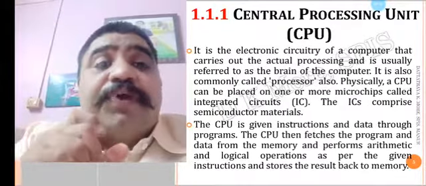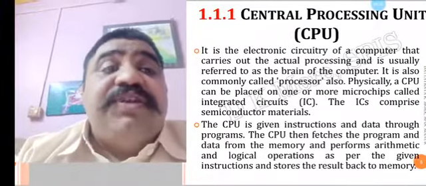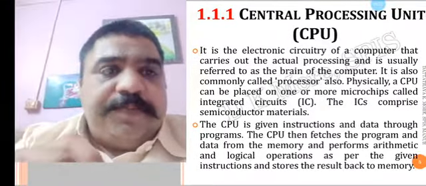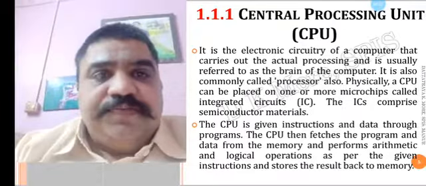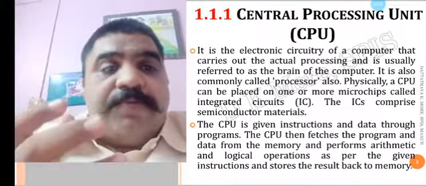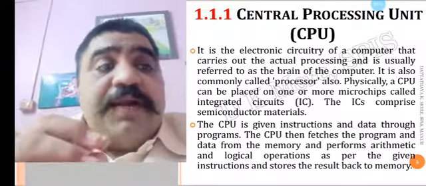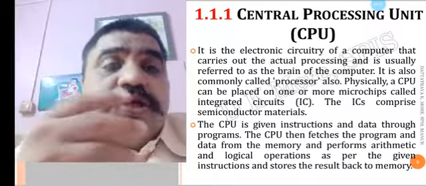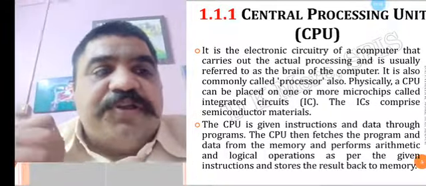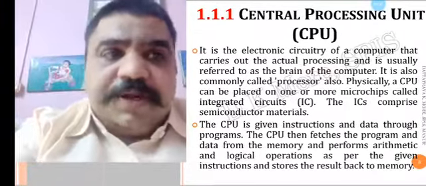The IC comprises semiconductor materials. The CPU is given instructions and data through programs. The CPU then collects the program and data from the memory unit, performs arithmetic and logical operations as per the given instructions and stores the result back to the memory.